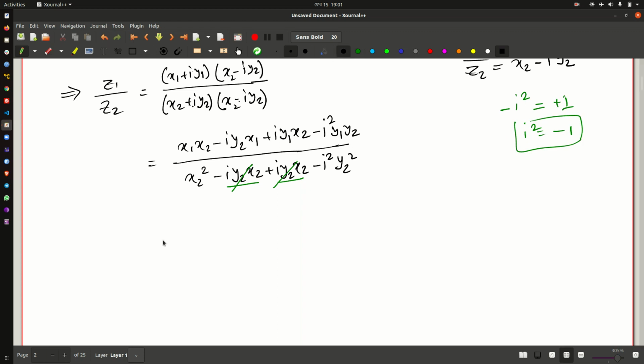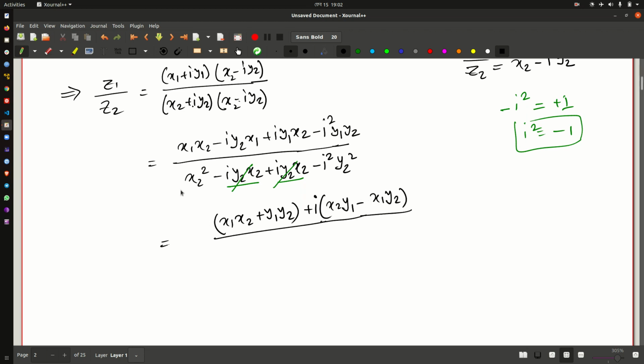So let's do that. In the numerator we have x1 x2, there is i squared and there's a minus, so we would have a plus y1 y2, and then let's collect the imaginary parts as well. I'm putting a plus i over here, so I will have x2 y1 minus x1 y2, and in the denominator we'll have x2 squared plus y2 squared.